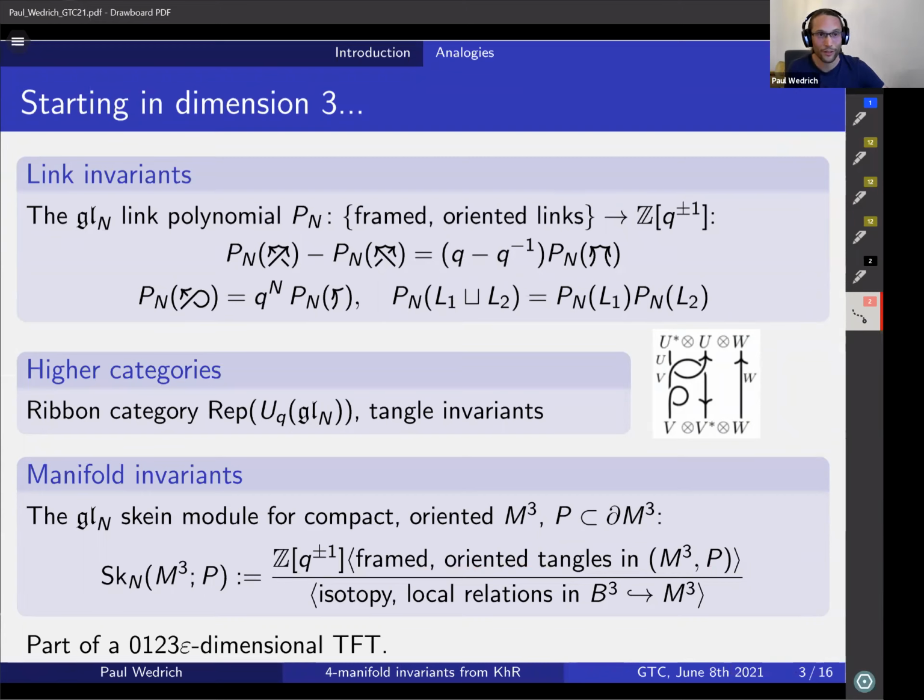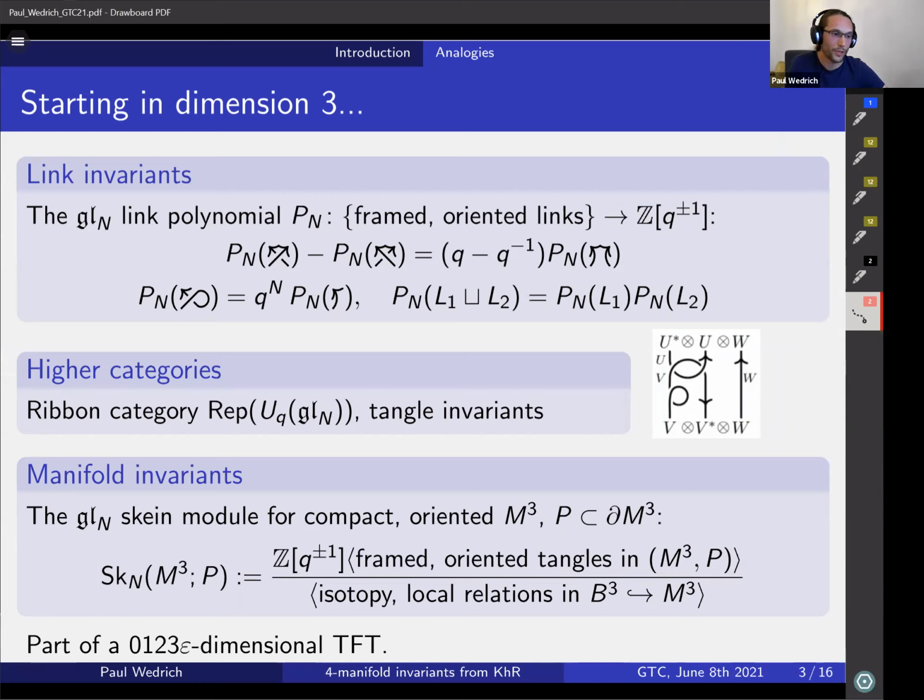This is a huge space, and then one mods out by local relations. First of all, whenever 2 such tangles are isotopic, then you consider them equivalent. And you also mod out by local relations, which in this case are exactly the local relations that are satisfied by this polynomial Pn.